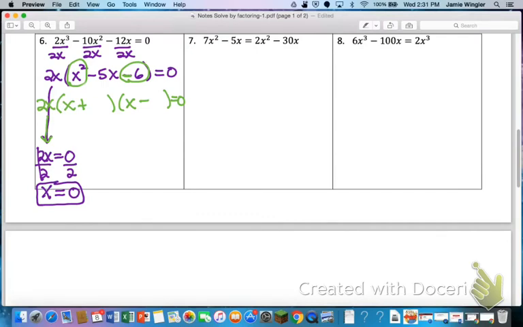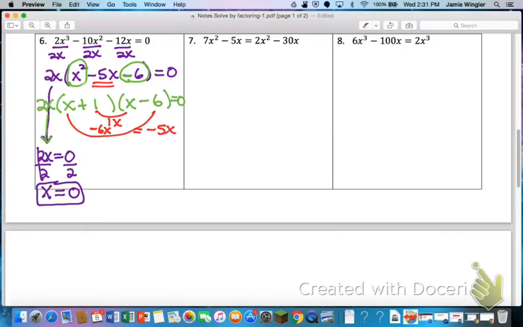I need to know what multiplies to give me negative 6, but adds to give me negative 5. Remember, my signs are different, so I have to use a negative 6 and a positive 1. When I do that, that gives me a 1x and a negative 6x, which equals the negative 5x that we want in the middle.